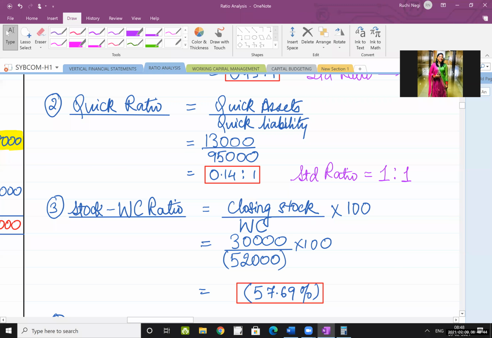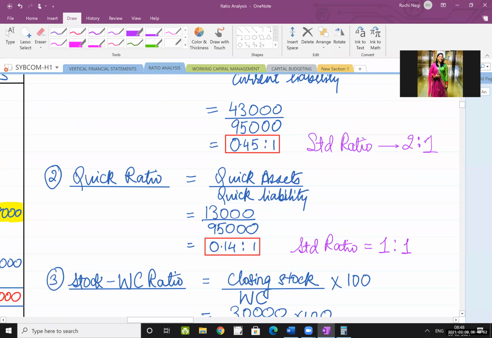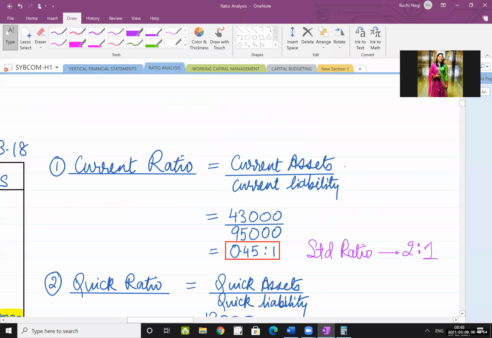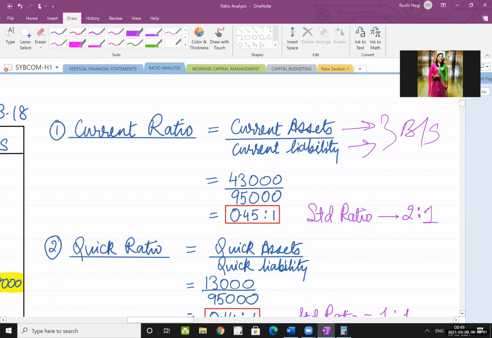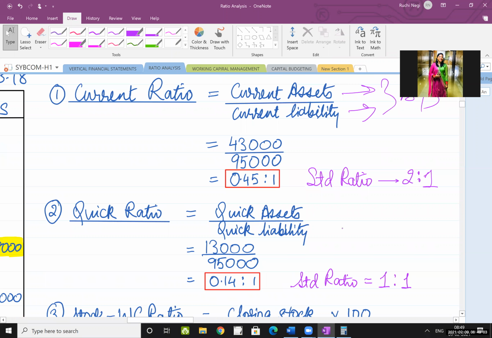Come to stock to working capital ratio. Formula is closing stock upon working capital into 100. Okay, and you see all these ratios what you have applied. See your numerator, see your denominator, both are from balance sheet. Okay, so even in quick ratio, see your numerator, your denominator, both the figures are from balance sheet.